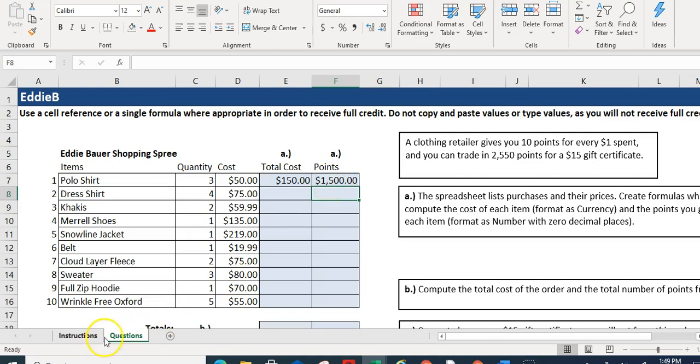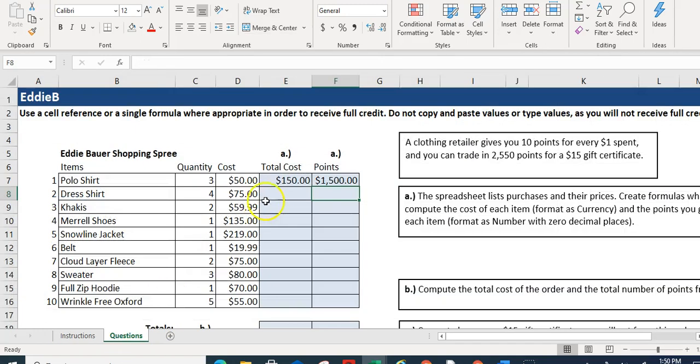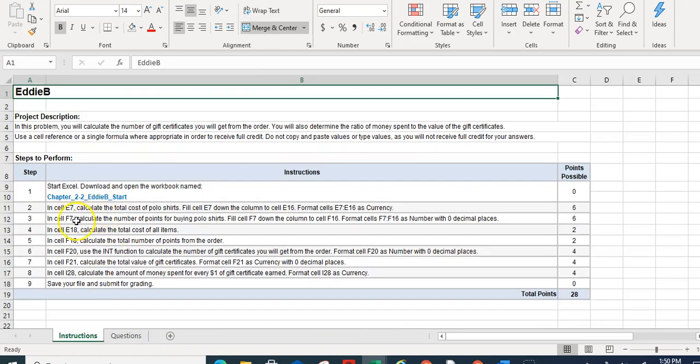So let's talk about our formatting. The cells in E7 should be formatted as currency. So E7, the 150, should be formatted as currency. That looks good. Then it says calculate the total number of points and fill it down.